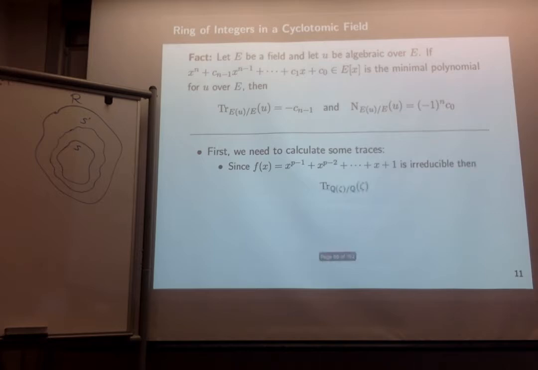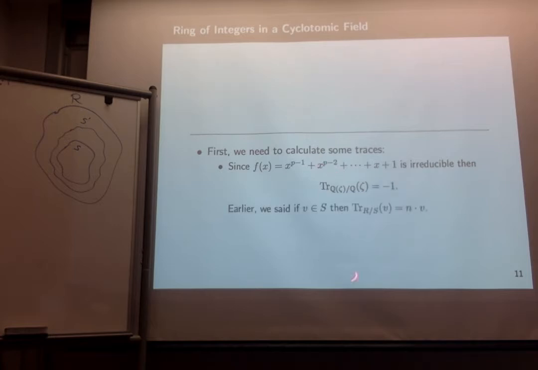We can discuss whether it's true. So, what is the trace? Anyone want to tell me the trace of zeta, knowing that this is its minimal polynomial? Yeah, negative 1. It's the negative of the second coefficient here. And earlier we said that if v is in the bottom ring S, and we're taking the trace with respect to R over S, we just multiply the rank of R over S times that element.